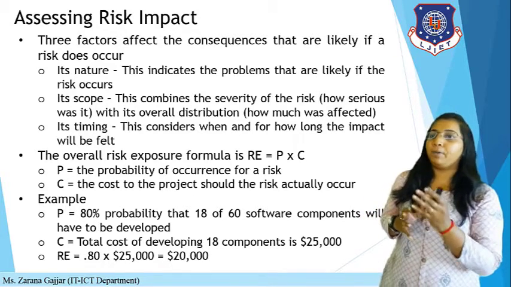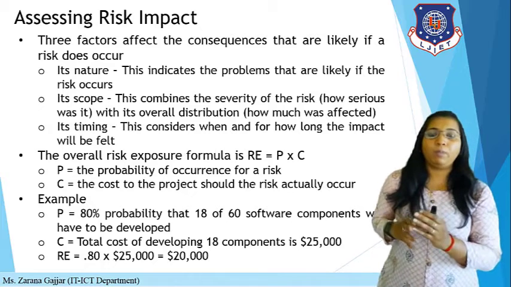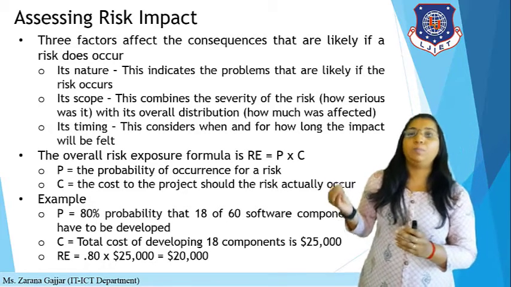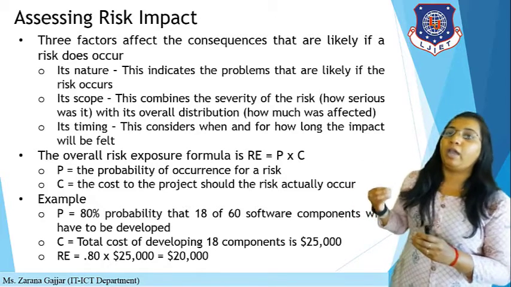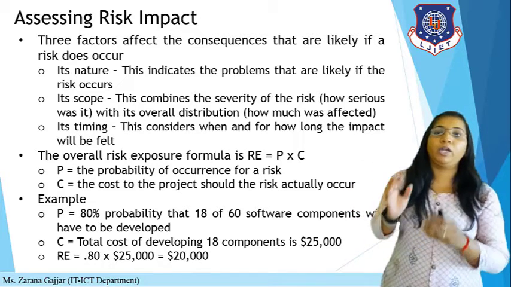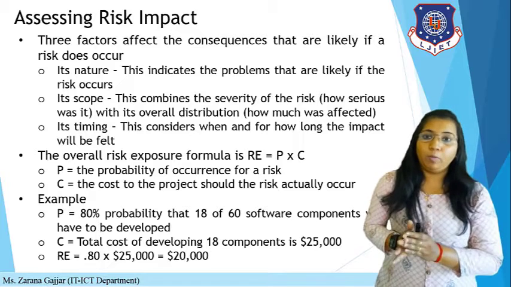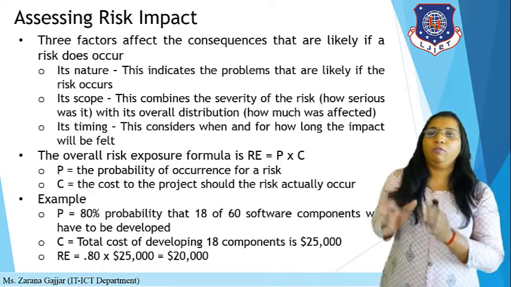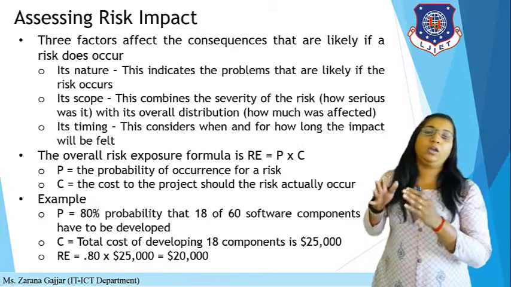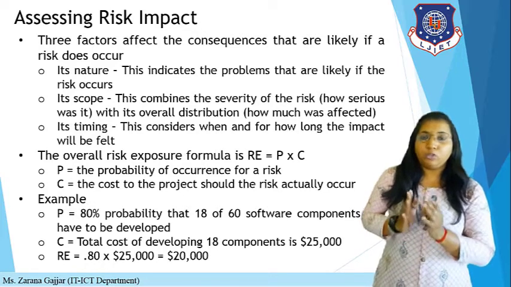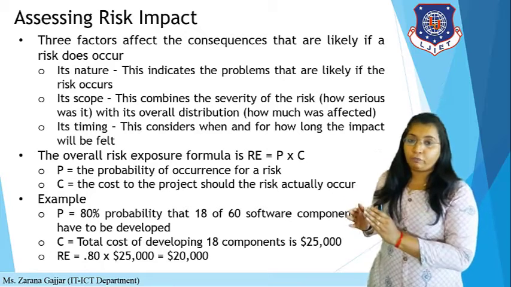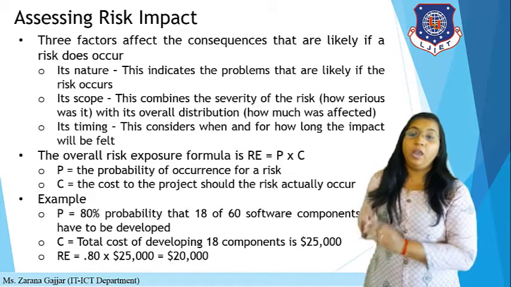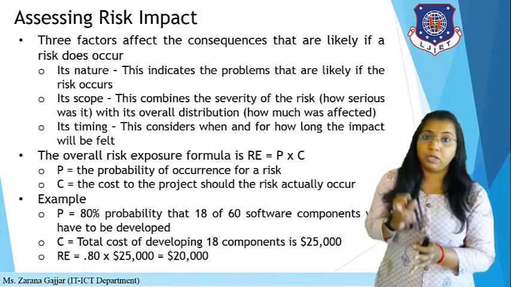For example, if you have an 80% probability that 18 software components will have to be developed. Here the total cost for the 18 components is given as $25,000.